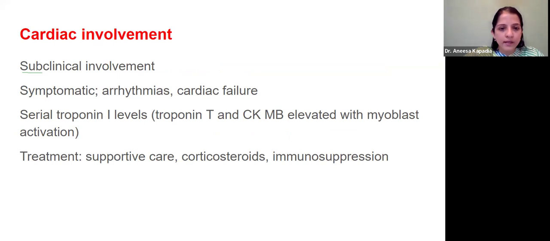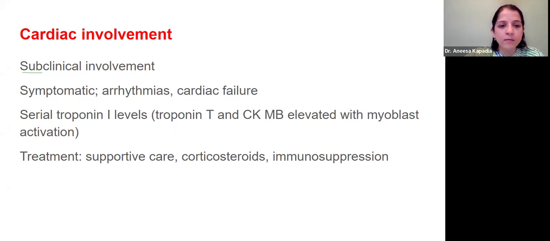Cardiac involvement is rare. Most often it is subclinical, but when severe, it can present with arrhythmias and cardiac failure, which of course require their own treatment and supportive management. Where required, we must do serial troponin I levels, because troponin T and CKMB will be falsely elevated and won't be a marker of cardiac involvement, but rather it is a marker of myoblast activation.